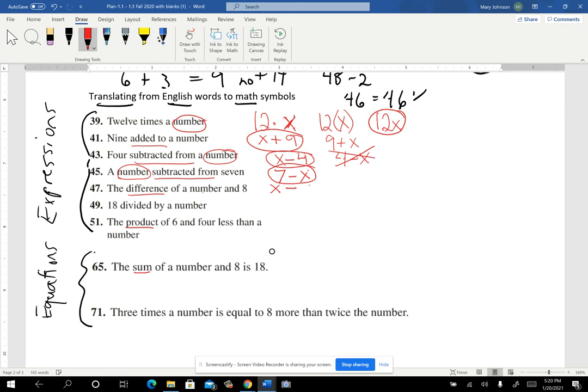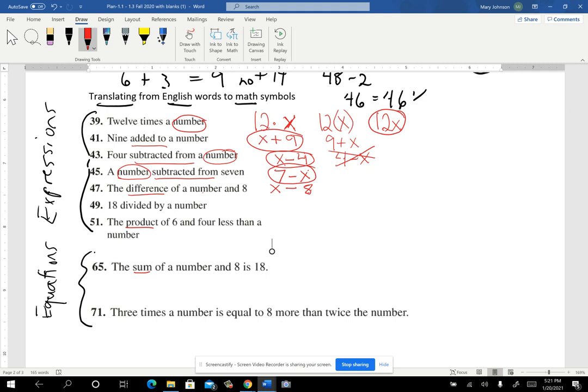Then minus 8. If it had been the sum of a number and 8, it would have been X plus 8. If it had been the product of a number and 8, it would be X times 8. And then if it had been the quotient of a number and 8, you would have had the X on top and the 8 on the bottom. So it does go in the order in which the words occur when you're reading them.